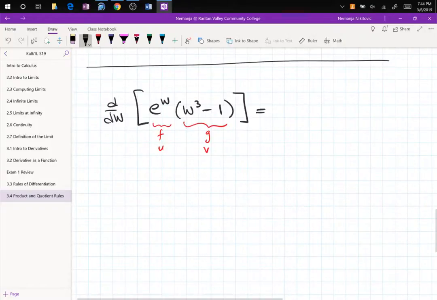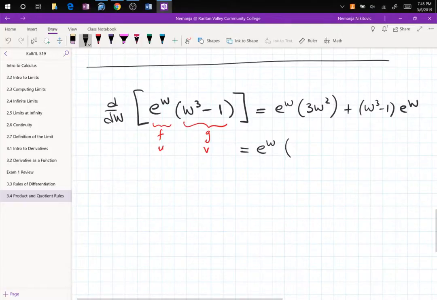So we're going to copy the first, derivative of the second, plus copy the second, times derivative of the first. The only thing we can factor out is e to the w, and what's left in parentheses is w cubed plus 3w squared minus 1 when you put them in descending order.